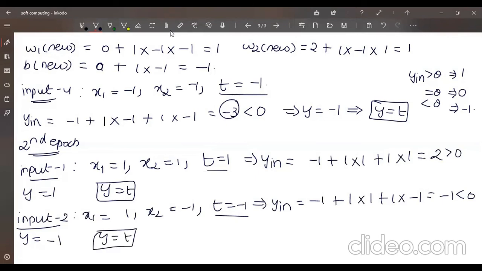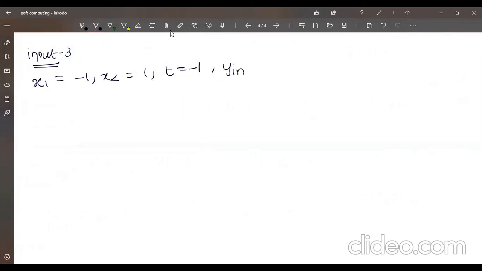So y is equal to t. Now let's check for the third input. For input 3, x1 is equal to -1, x2 is equal to 1, and target value is equal to -1. So let's find y in value.